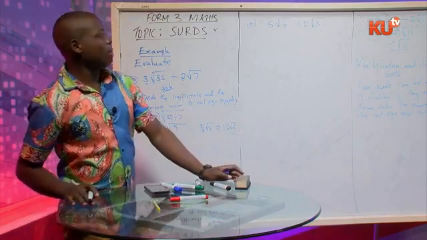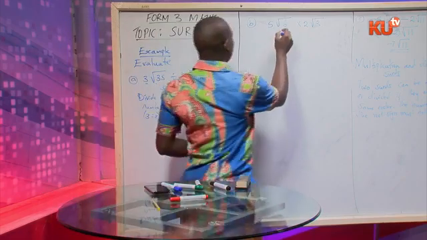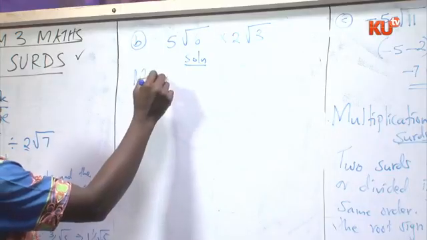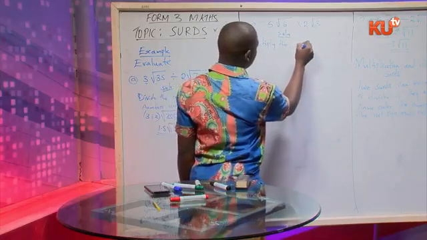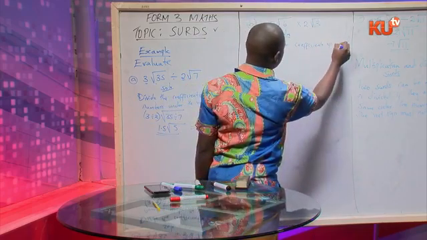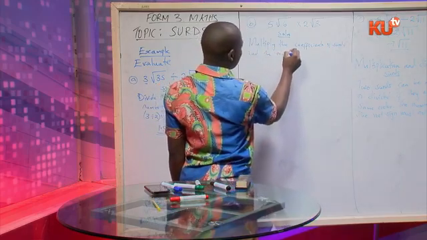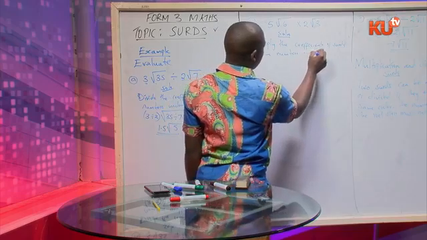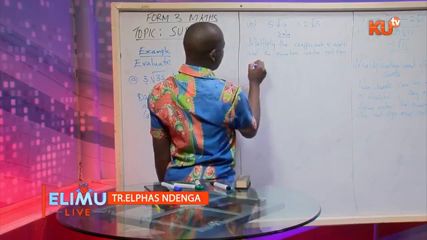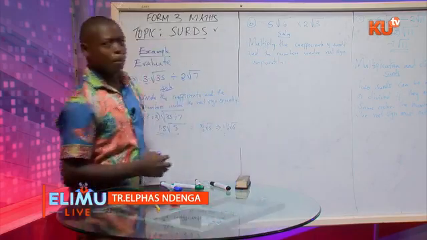Because this is multiplication, again multiply the coefficients of the surds and the numbers under the root sign separately.